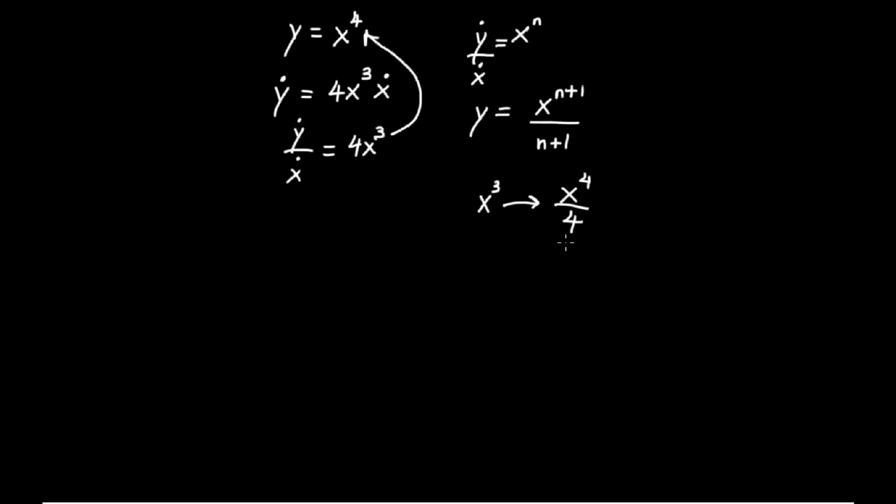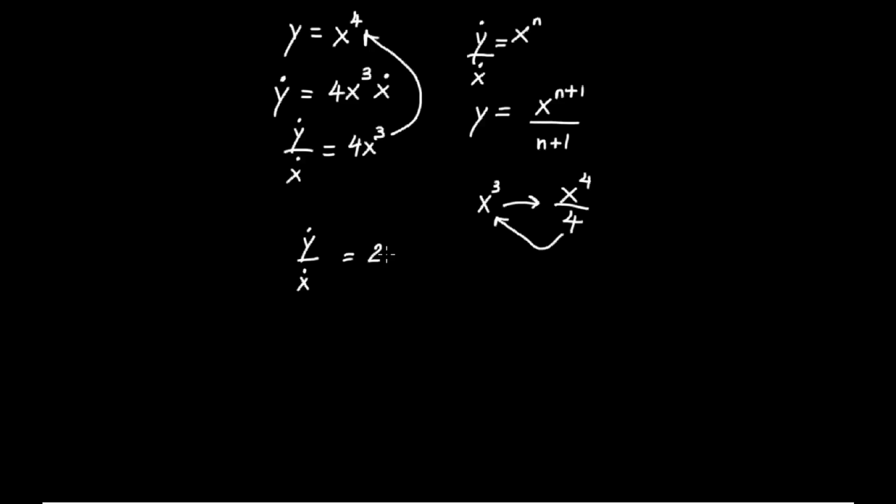Furthermore, you can see that if I take the derivative of that expression, x to the fourth over 4, the 4 comes out front, which cancels the division by 4, and I get x cubed, which tells me that x to the fourth over 4 is indeed the antiderivative of x to the third. And this is the general method for solving some differential equation, y dot over x dot, which has only x's on the right-hand side.